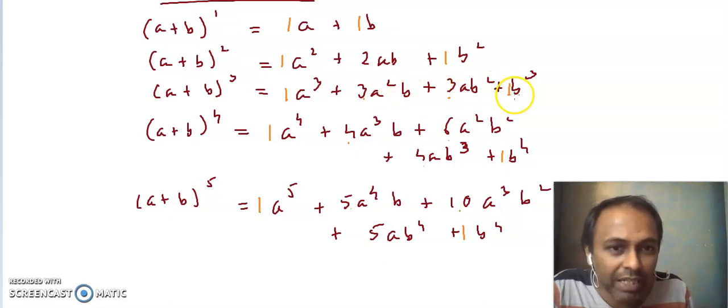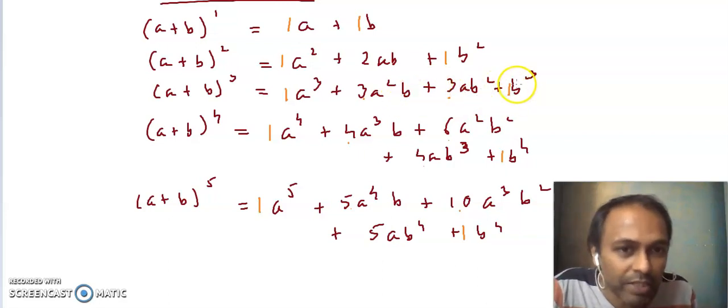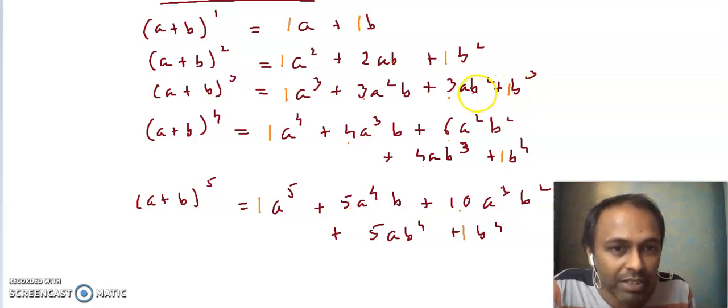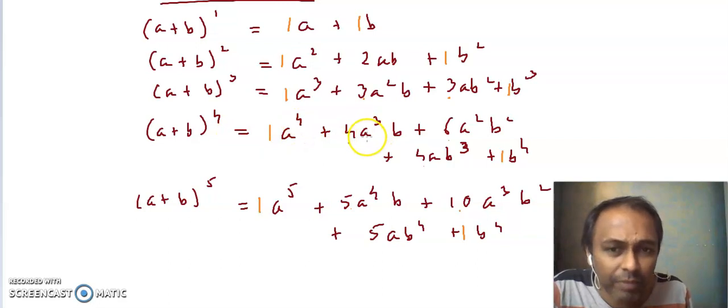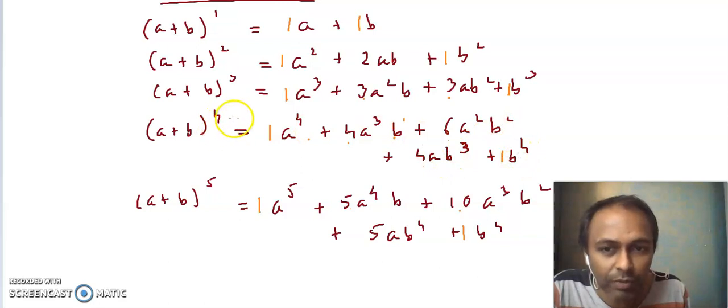And finally, A's degree becomes 0, so A raised to 0 is 1 and it vanishes, and B's degree becomes 3. So if the degree is 4, A's degree will become 3, then 2, then 1, and finally A raised to 0 is 1. While B's degree, which was 0, becomes 1, then B raised to 2, B raised to 3, and finally B raised to 4, which is the highest degree of the question.